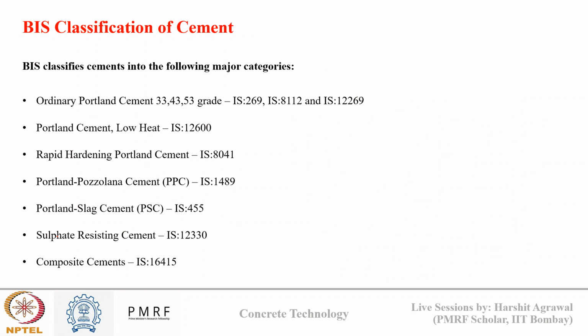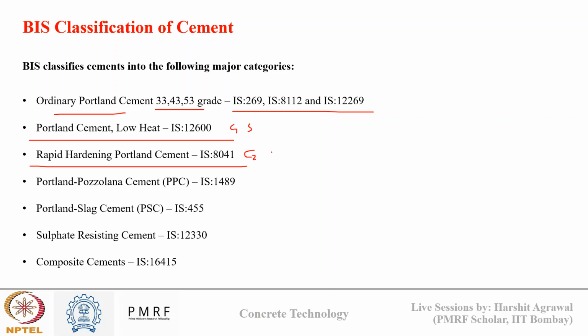Now, similar to ASTM, the Bureau of Indian Standards has also classified cement into major categories, and for each of these categories, standard codes are defined. For OPC, we have three grades: 33, 43, and 53, with three codes. Then there's Portland cement low heat, which has higher C2S content. Rapid hardening Portland cement has higher C3S content.